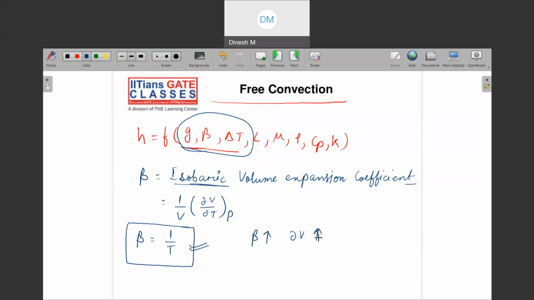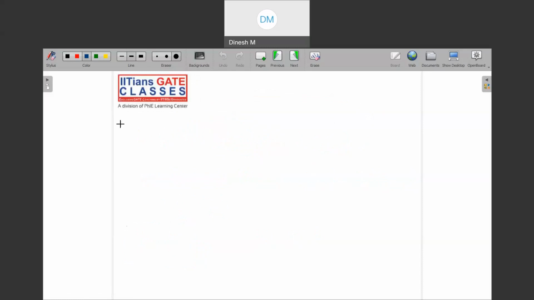Then what is L? L is the characteristic dimension. In free convection, L is a bit different from forced convection.